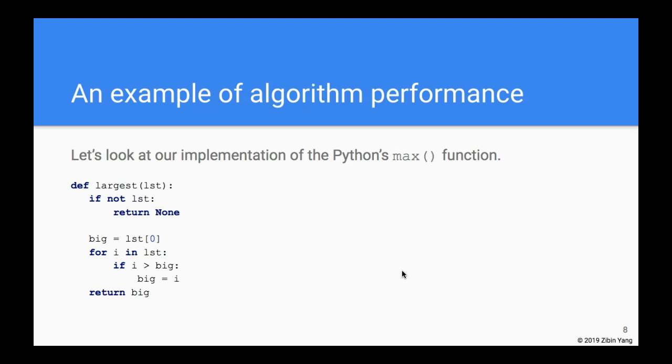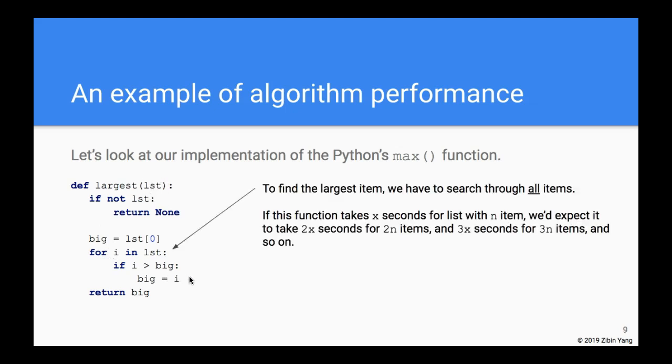So let's look at an example of an algorithm and its performance. This is our version of Python's max function. We've seen it before. Basically, we look through every item in a given list and find the largest one, right? Now, remember that, yes, we have to look at all the items in the list. So let's say the list has n items, and we measure that it takes x seconds to go through all n items.